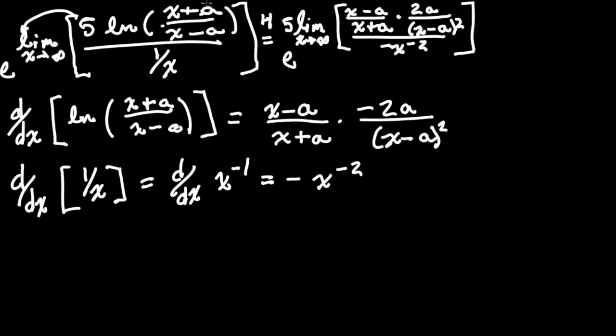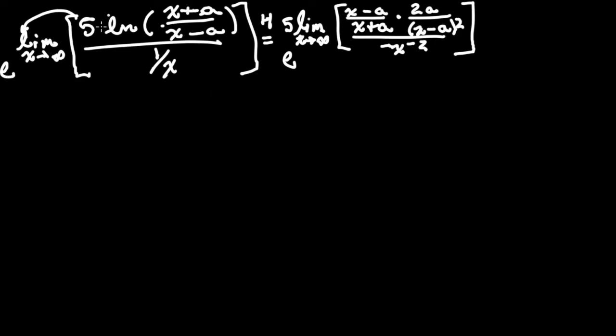And so now that we have that written down, I'm just going to clear up our board a bit here. This is a really complicated function inside of our limit, so let's see if we can clean it up a little bit. So we're going to start by multiplying our fractions together. So this is going to give us e to the 5 limit as x goes to infinity.